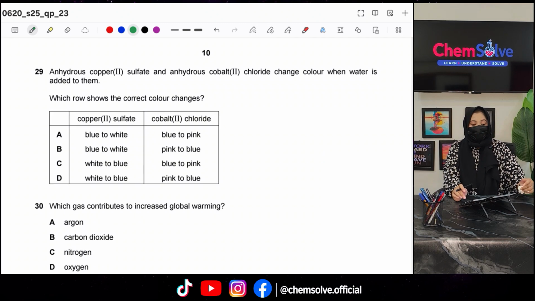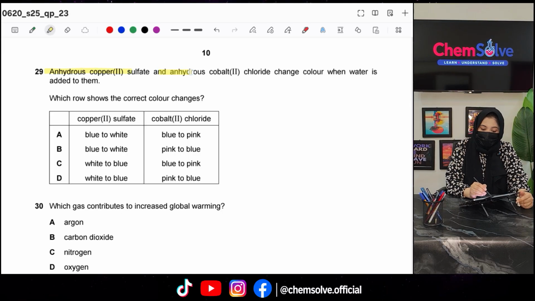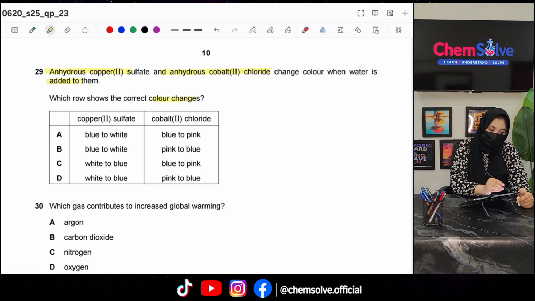Now look at question number 29. Anhydrous copper sulfate and anhydrous cobalt chloride change color when water is added to them. Which row shows the correct color change?